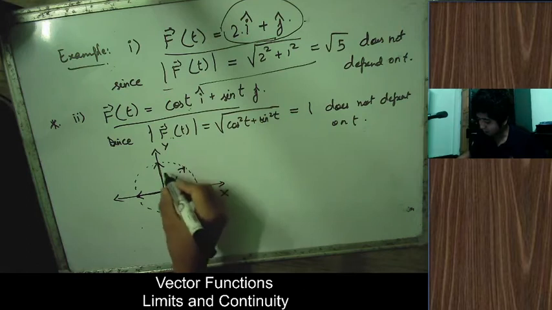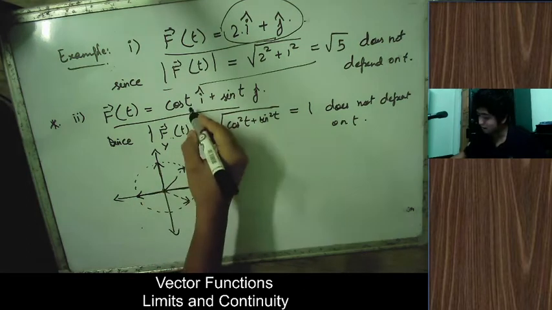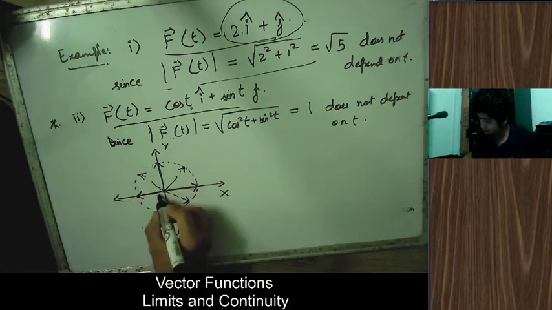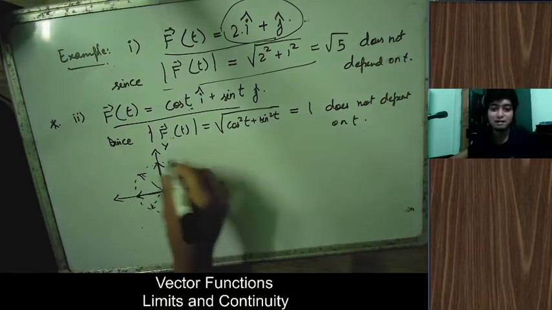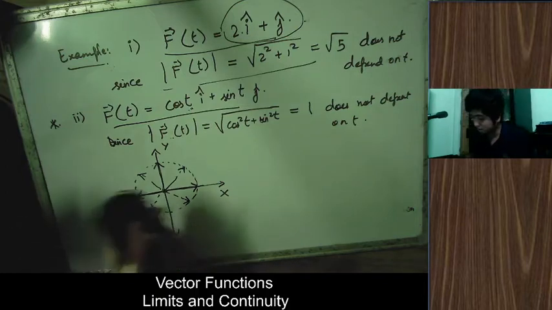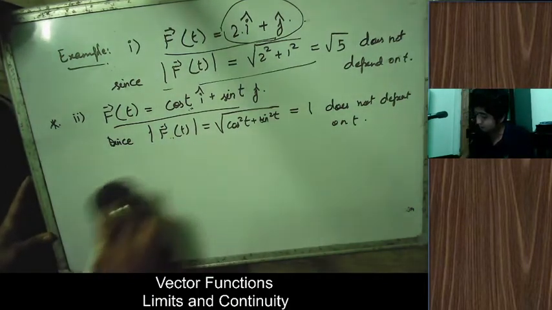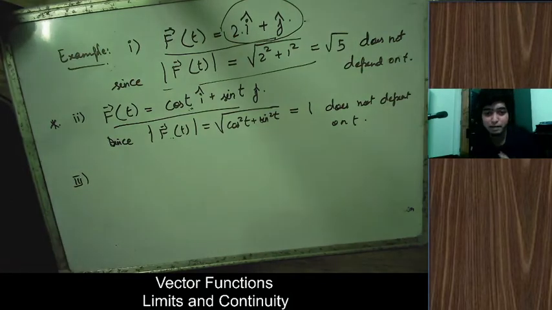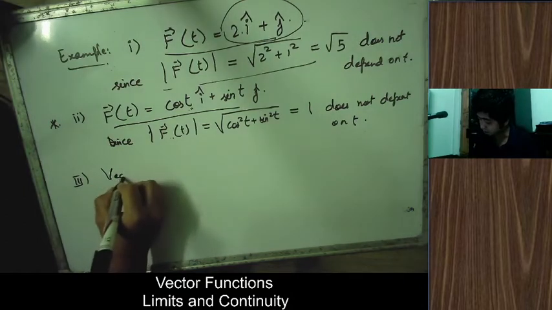But you are having so many vectors, so that is why it depends on t, but their lengths, even if you change t, will remain the same. So keep this example in mind.